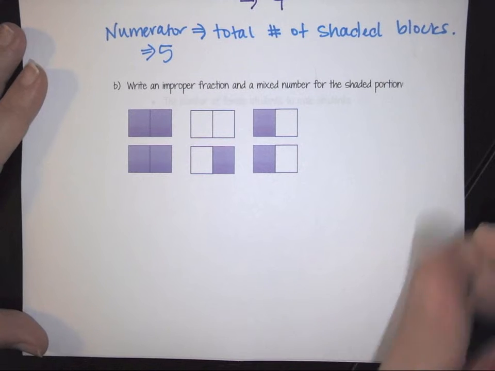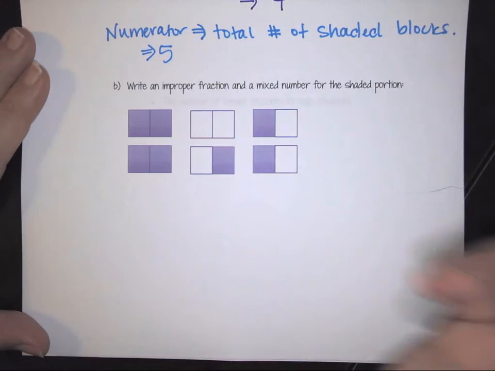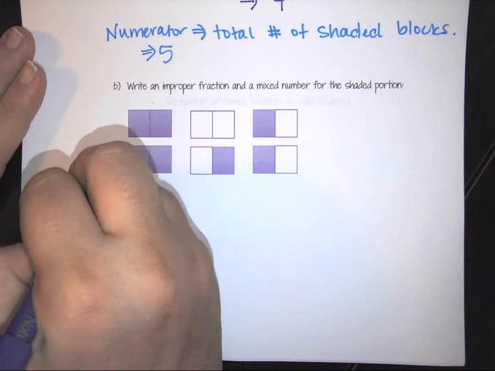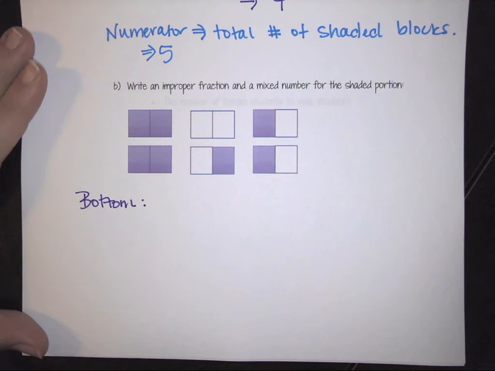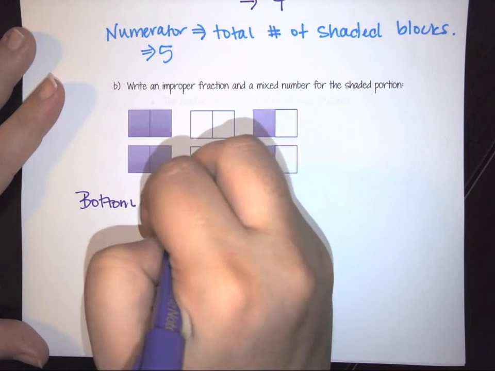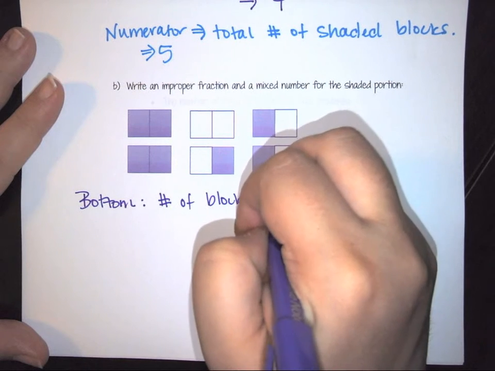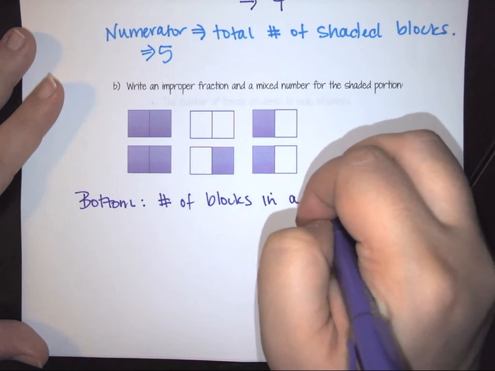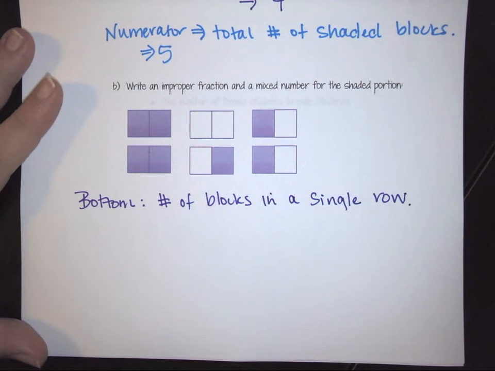Okay? So again here, if we talk about your denominator, another word that we like to use is we like to call it the bottom. So again, remember the bottom is going to be found by the number of blocks in a single row. Okay.